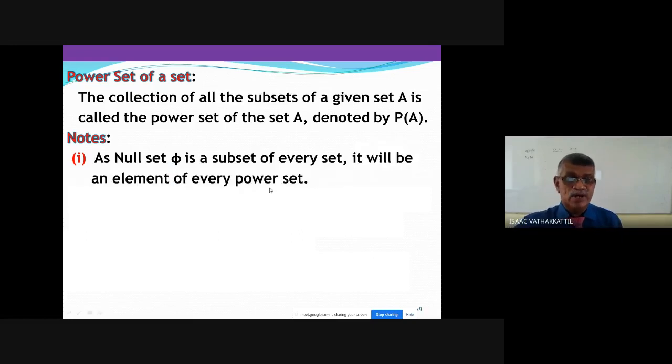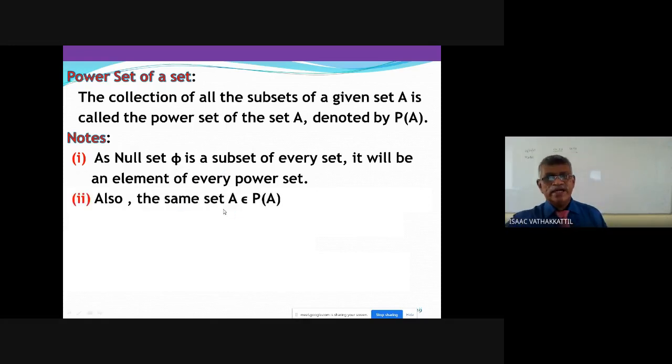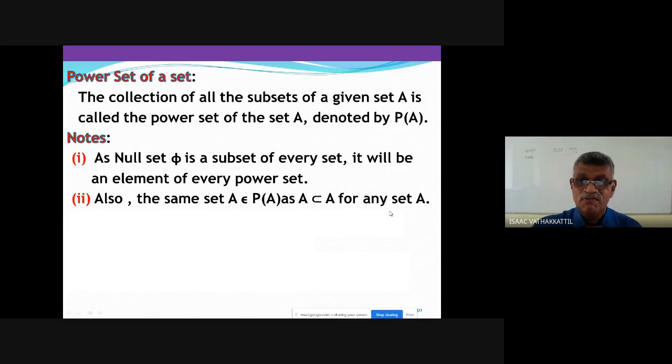It will be an element of every power set. Again, the set A is a subset of itself, so A will also be a member of the power set of A, as A is a subset of A for any set A.